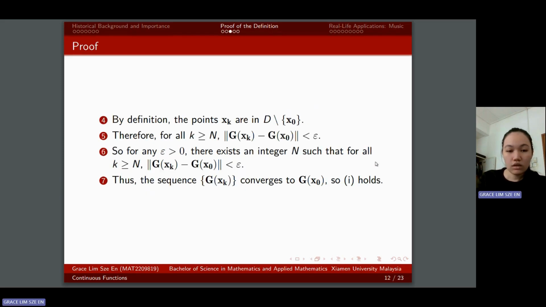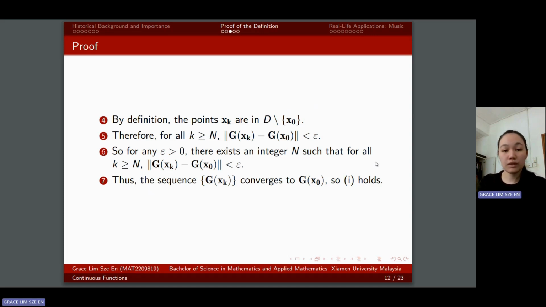And so moving on, we have the next few points, which say that by definition, the points x_k are in D slash x naught. So the sequence x_k consists of points within the set D that explicitly excludes the point x naught.